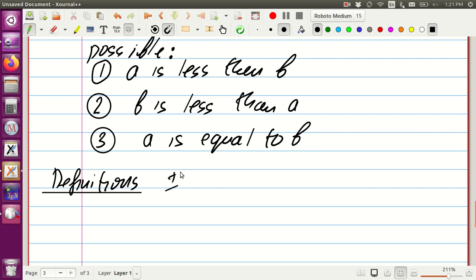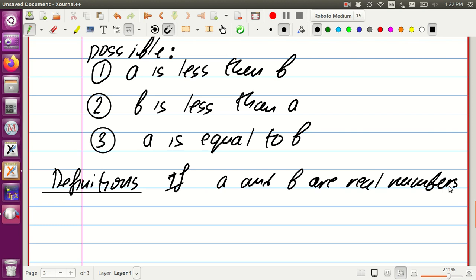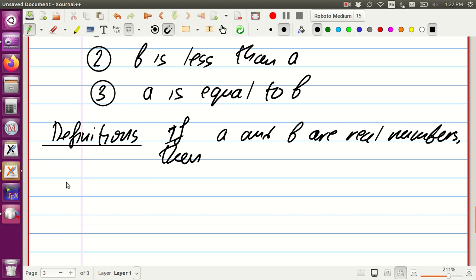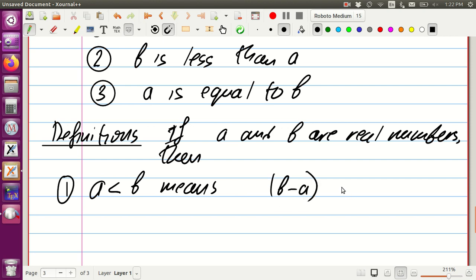We can say that if A and B are real numbers, then what does it mean A is less than B? A less than B means that if you take B, which is a bigger number, and subtract A, the difference is positive.